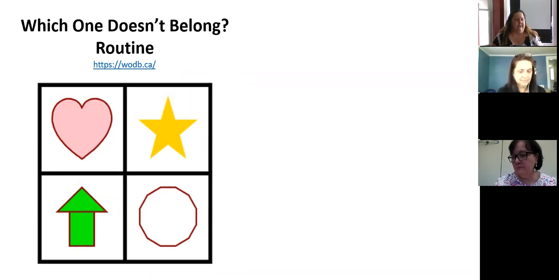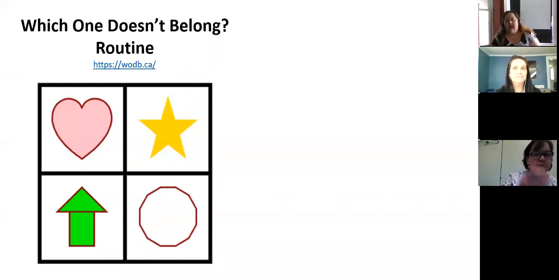In a which one doesn't belong routine, we are given a box that has 4 images. So 4 things to think about. Sometimes they're numbers, sometimes they're pictures, sometimes they might be graphs or equations. But we're asking you to think about, out of these 4, which one doesn't belong?